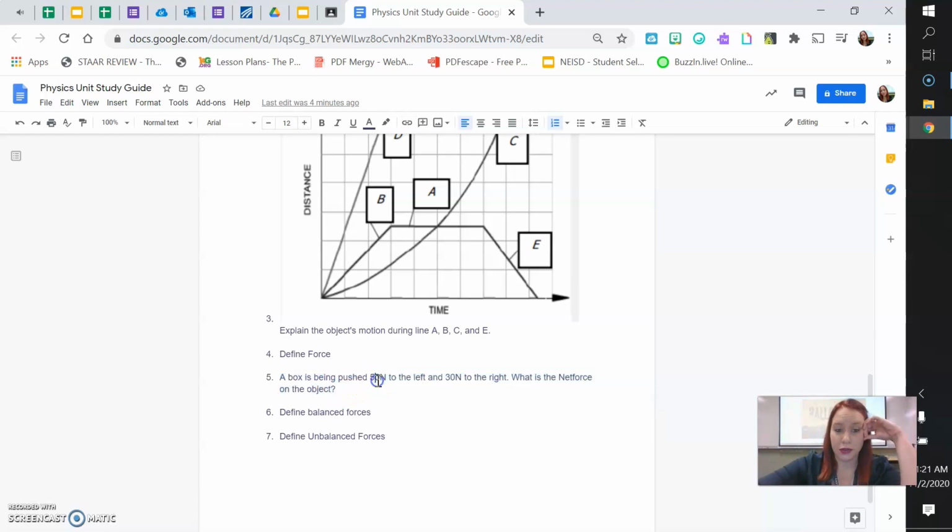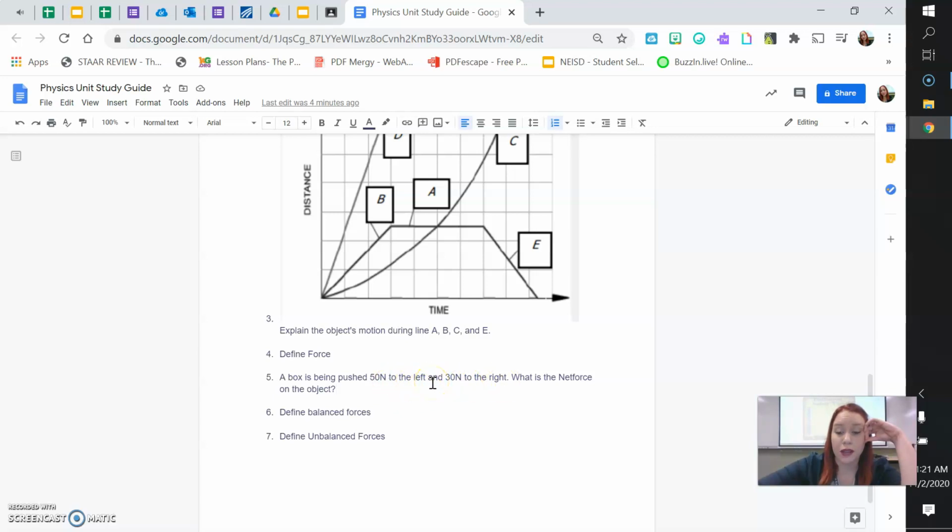You would take your 50 newtons, subtract your 30 newtons, and that would give you your answer, but then you need to decide, is it going to move to the left or is it going to move to the right? So take the larger force and subtract the smaller force, and then tell me the direction it's going to move and the total net force. So 50N minus 30N, and then tell me which direction it's going to be.